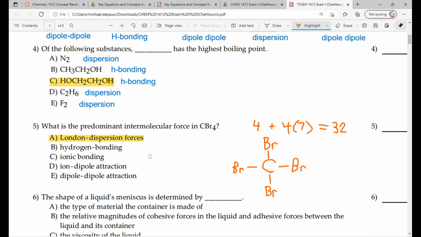Because you have to remember, this is not an accurate depiction spatially. This looks like it would be square planar, but in actuality, this is a tetrahedron. And in the tetrahedron, 2 of these are always going to be closer to one side, and 2 of them closer to the other. So if 2 of them are chlorines and 2 of them are hydrogens, the chlorines will be more negative on this side, and it will be more positive on this side.